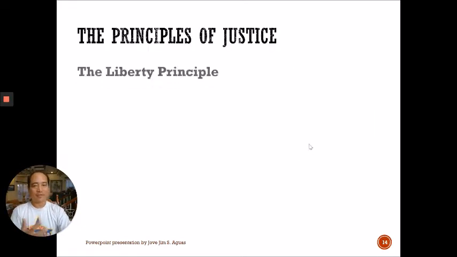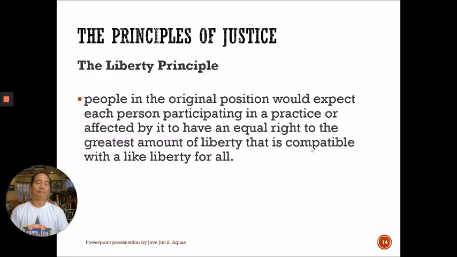So the first is the liberty principle. People in the original position would expect each person participating in a practice or affected by it to have an equal right to the greatest amount of liberty that is compatible with a like liberty for all, meaning everybody should have liberty.